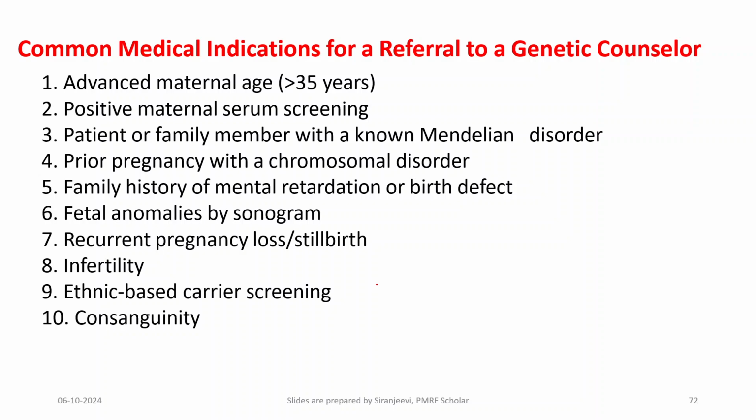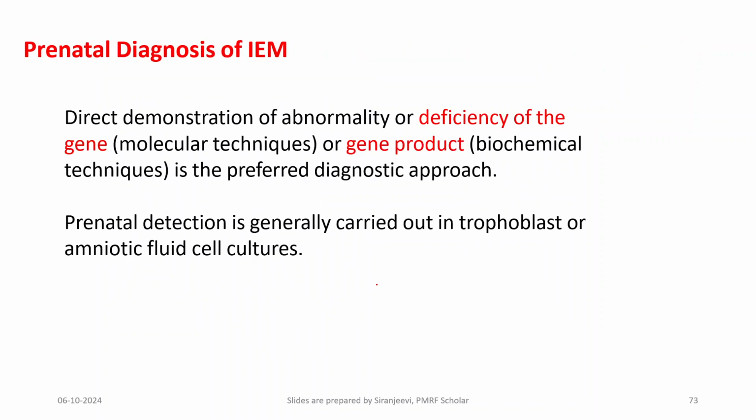This is given to patients or couples with advanced maternal age of more than 35 years, a positive maternal serum screening, a patient or family member with a known Mendelian disorder, or a prior pregnancy with a chromosomal disorder, and then a family history of mental retardation or birth defect, fetal anomalies on sonogram, recurrent pregnancy loss or stillbirth, infertility, ethnic-based risk carrier screening, and consanguinity.